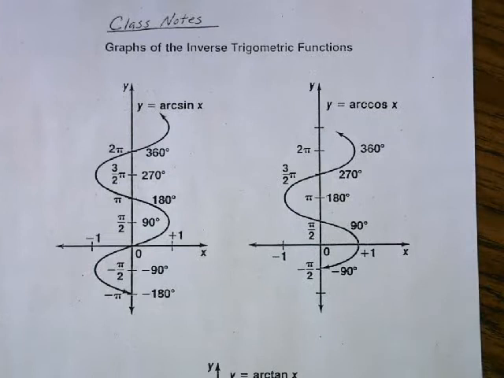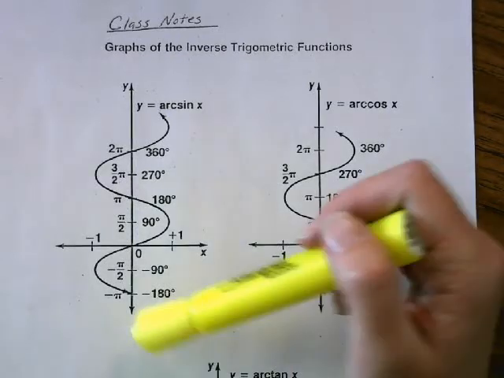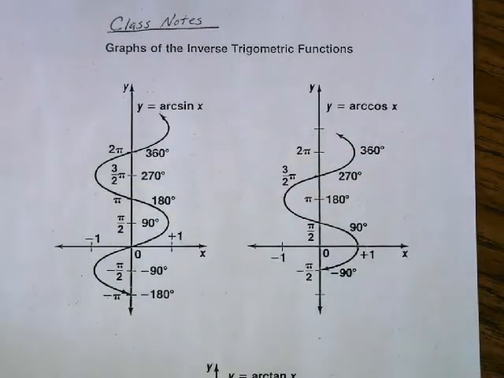On this handout we have the different graphs of the inverse trig equations. We're going to make it so that we have a function. If you have a highlighter, this will be helpful for you. So arcsine, we have all these different values, and we know it's going to repeat, just like sine repeats over and over and over again.